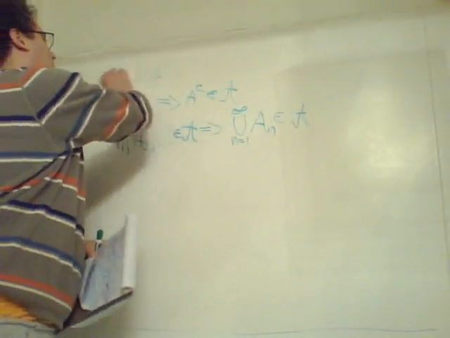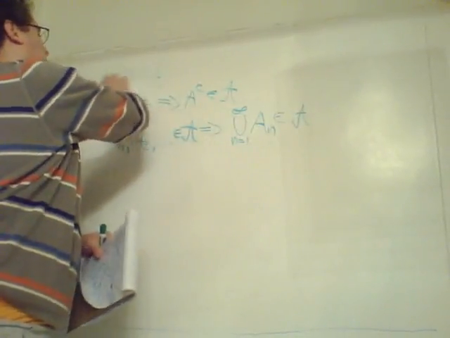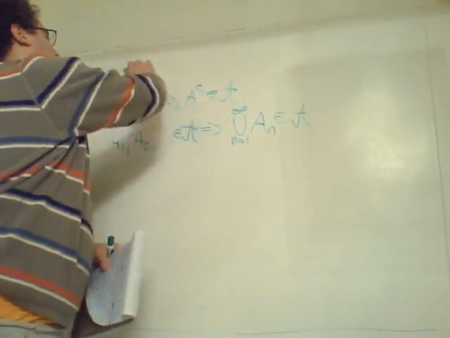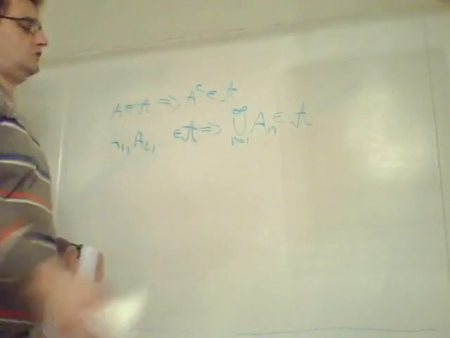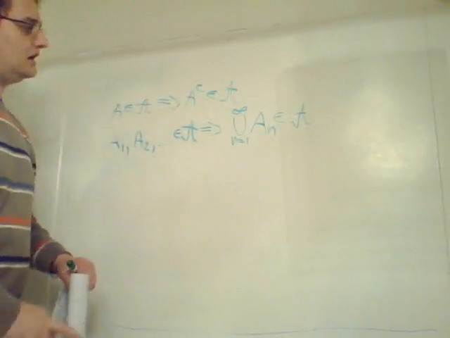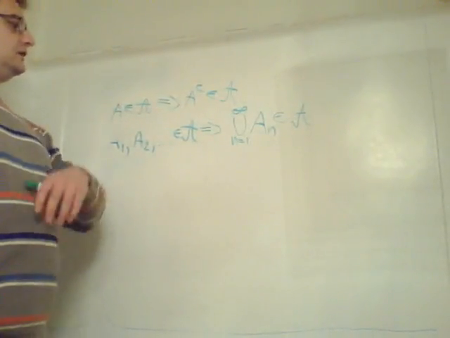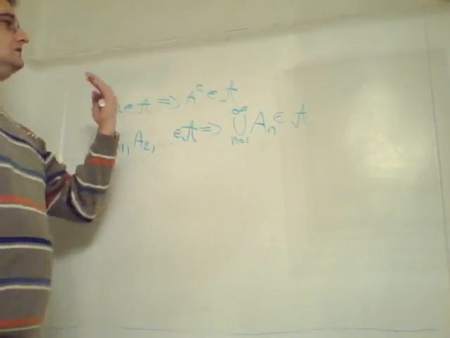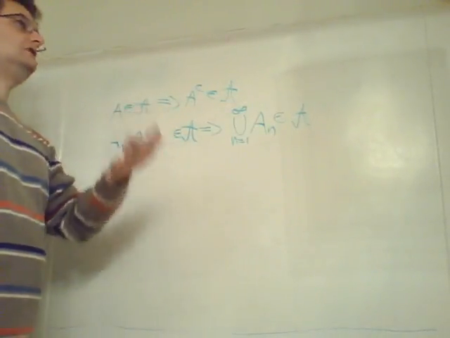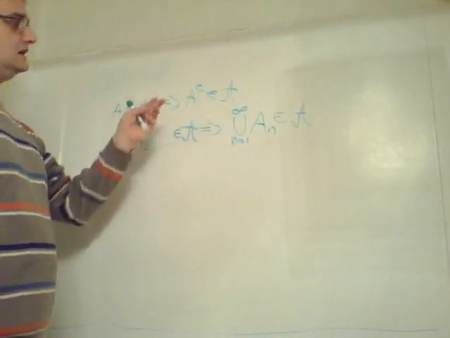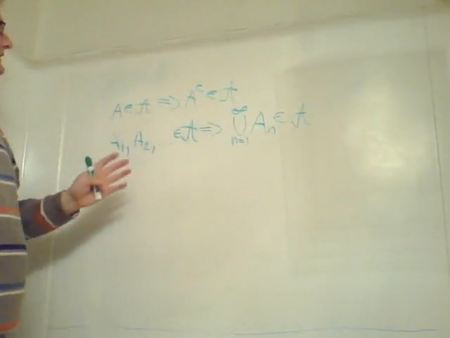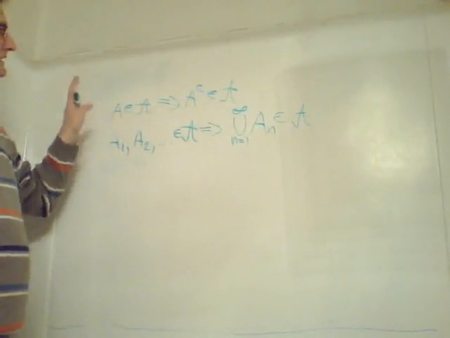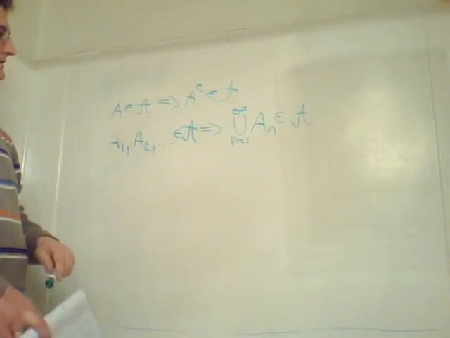So everything is compressed or contained, all those requirements that we had about union, intersection, difference of sets being in A and complement being in A, all that is contained in these two requirements, okay?